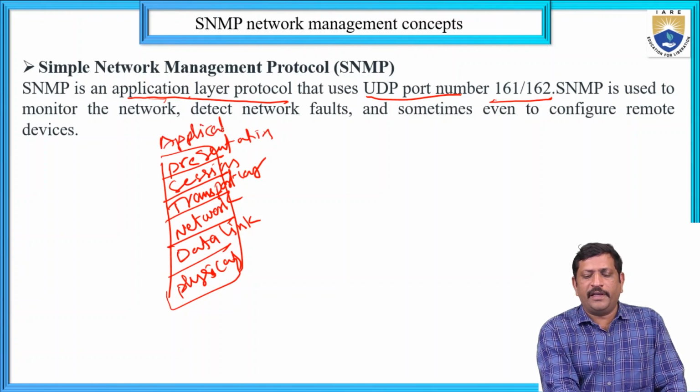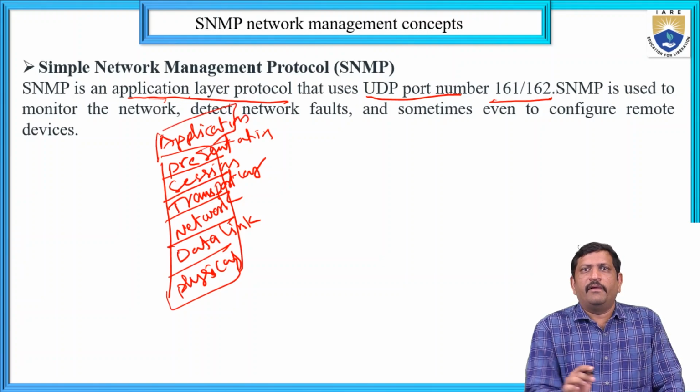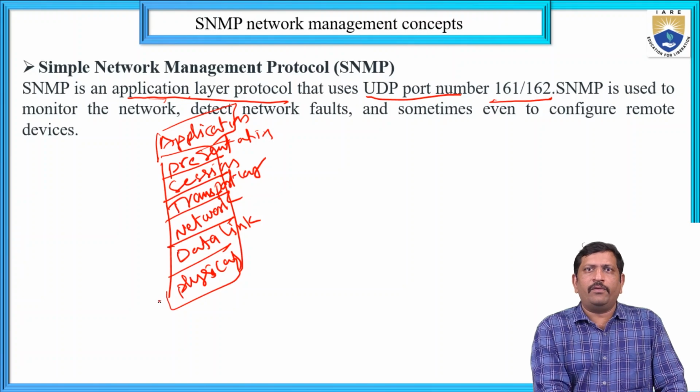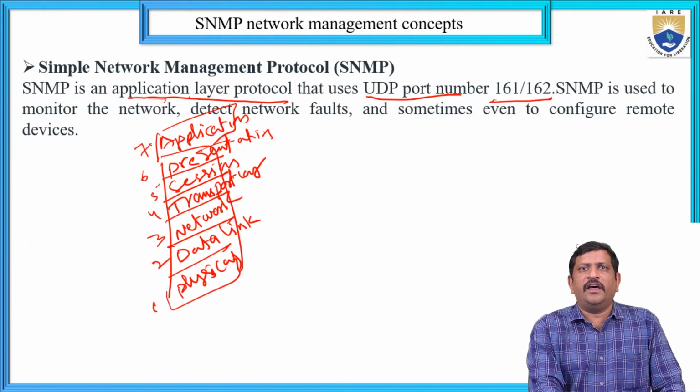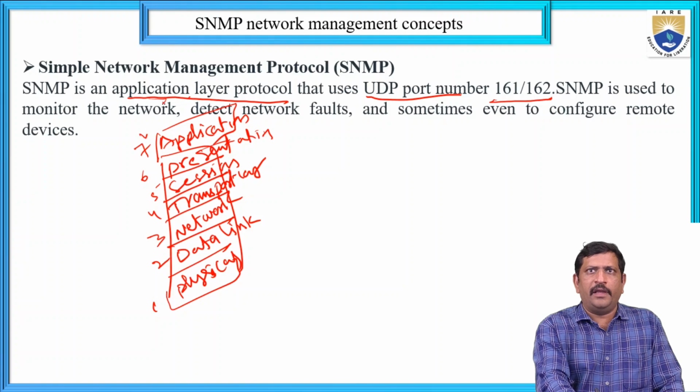So the application layer is the topmost layer. It is the seventh layer. The numbering is given from bottom to top: layer 1, layer 2, layer 3, layer 4, layer 5, 6 and 7. Here is the application layer.